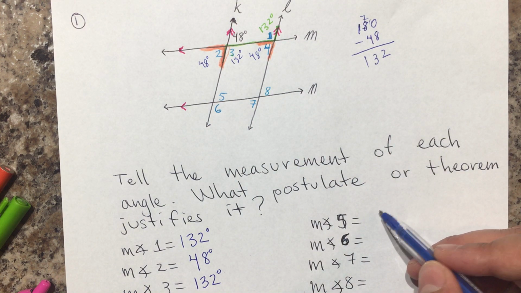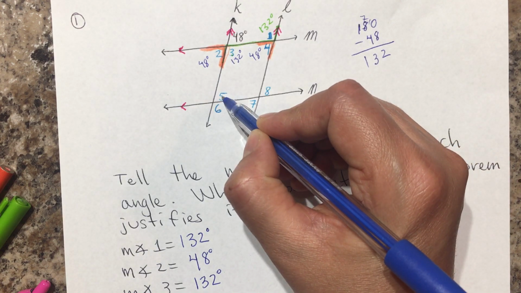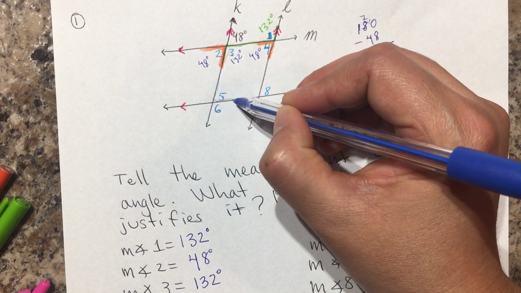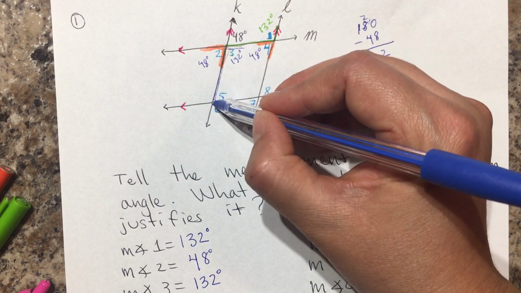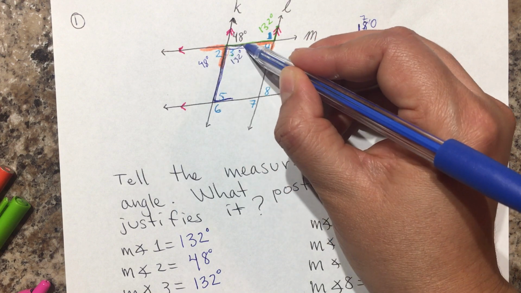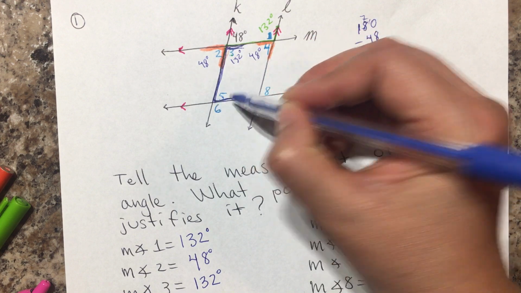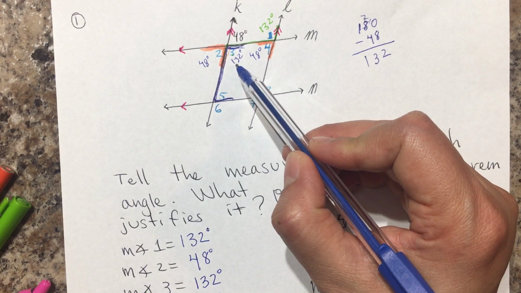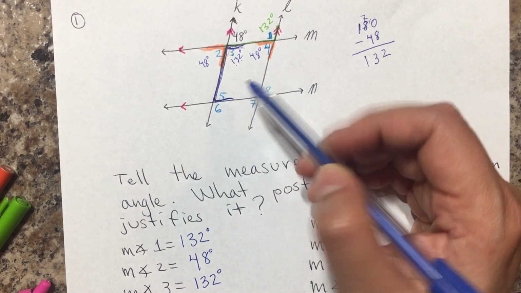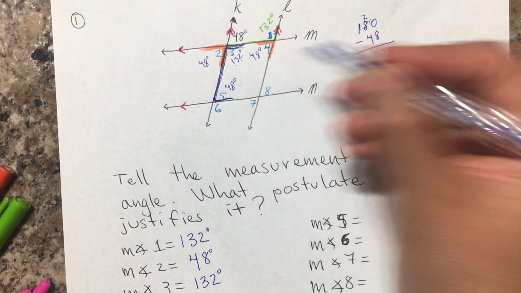Angle 5, it's right here. We can do supplementary, which is same side interior angles. Remember that if it forms the C, same side interior angles. Since this is 132 degrees, to make 180, this is going to be 48 degrees.